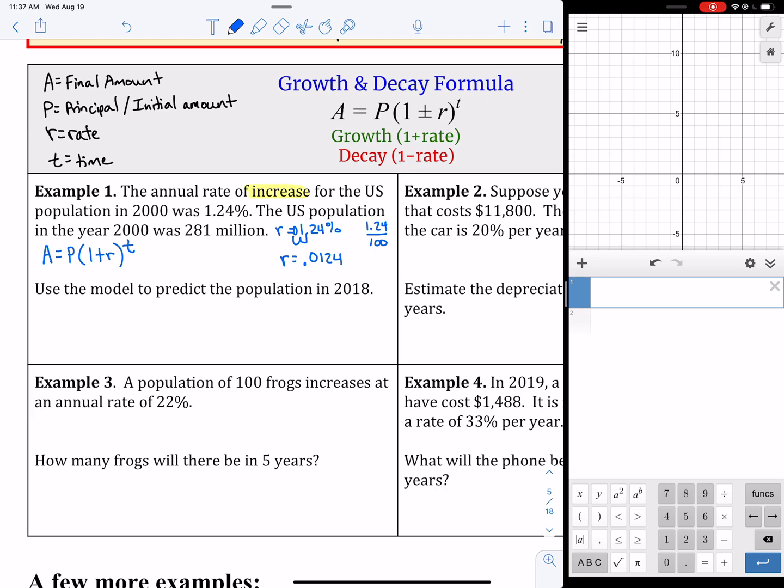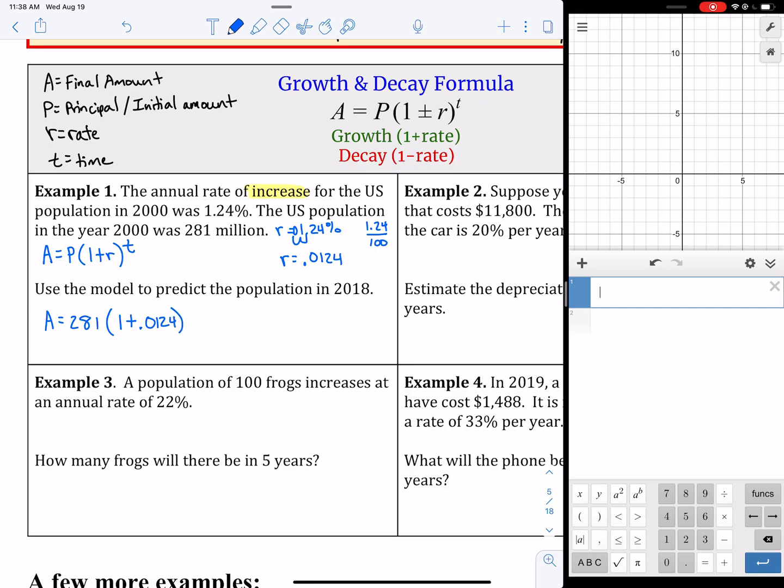So the U.S. population in the year 2000 was 281 million. All right, so that would be our initial population. So let's put the initial population is 281 million. We know it's in millions, so let's not put all those zeros. We're just going to have our answer that will also write in millions. And let's put 1 plus the rate, which was 0.0124, and then time.